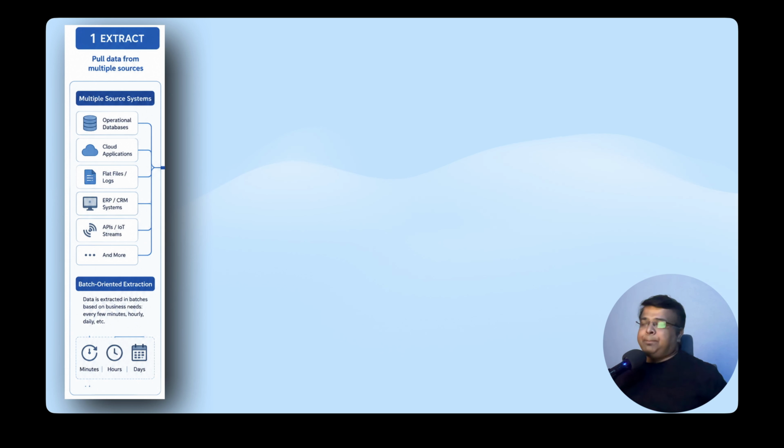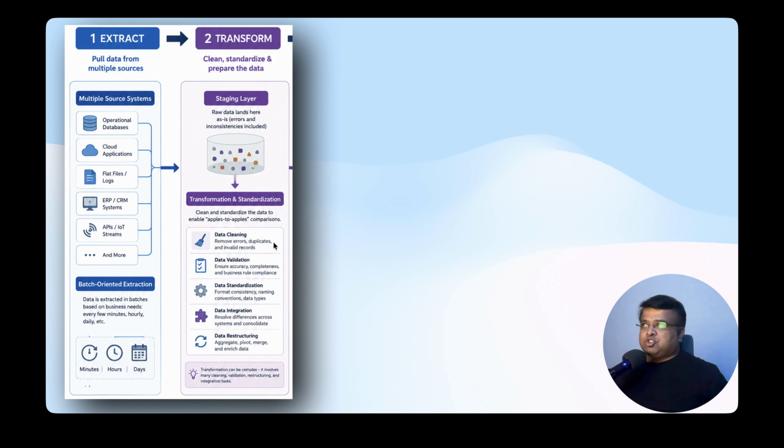When the data is extracted, it is usually brought into the data warehousing environment in its raw form that has errors, inconsistency and everything else. So instead of sending it directly to where business users access the reports and dashboards, the data first lands in a staging layer. From there comes the transformation phase. This is where we clean and standardize the data so we can make proper apples to apples comparison.